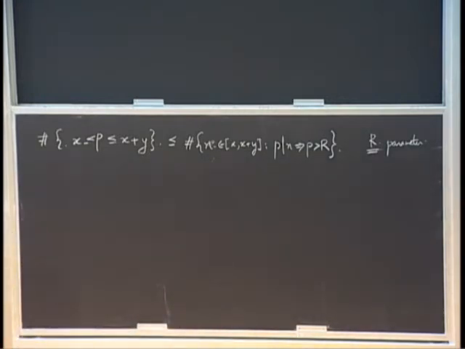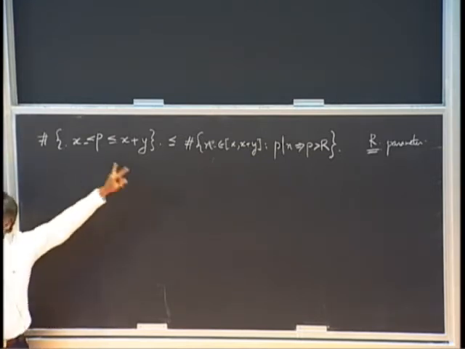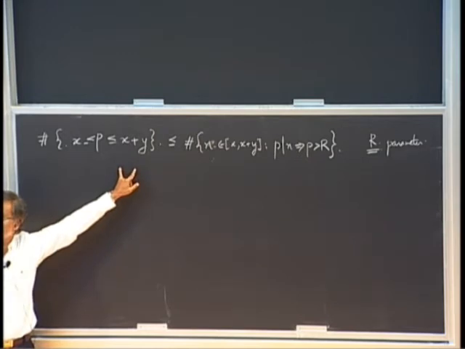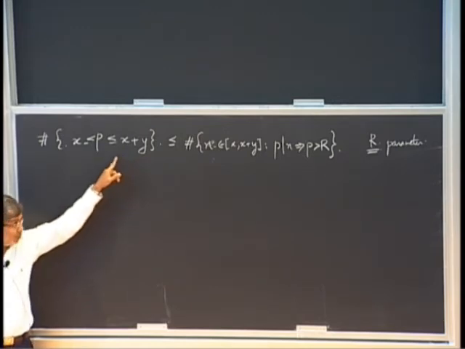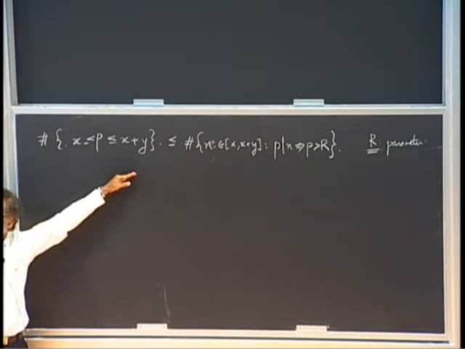If you think of r as being like x, then of course I will exactly be getting the number of primes between x and x plus y. Or even if r is like root x, I'm essentially getting the primes between x and x plus y. But for any value of r, this is an upper bound.